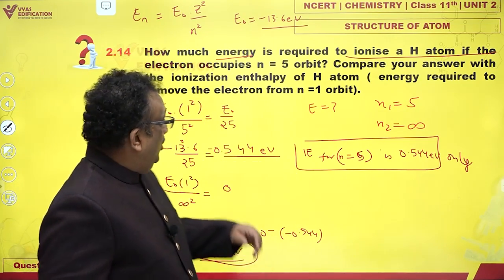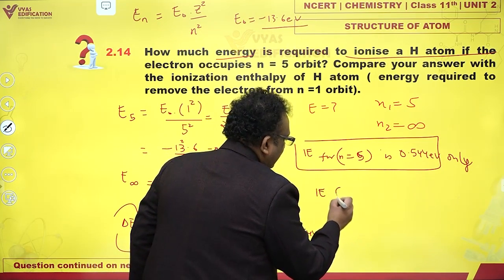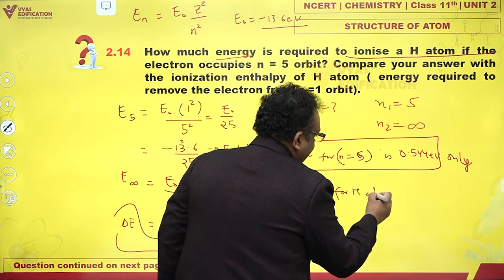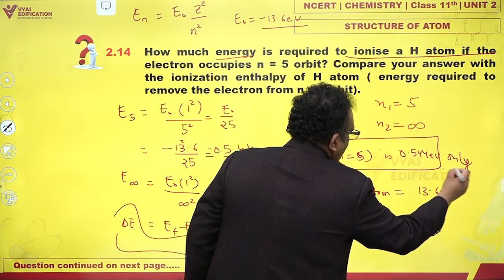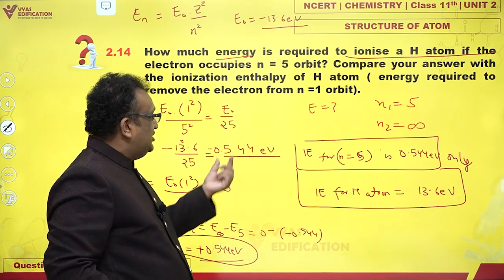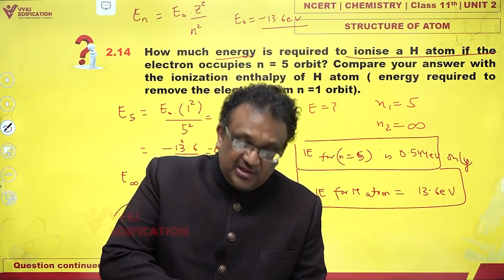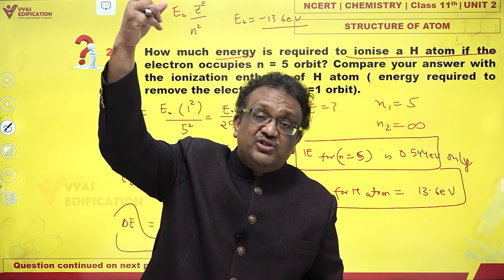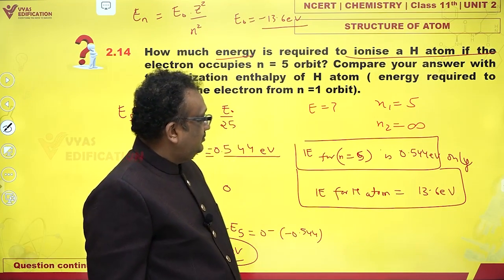Second part, compare your answer with the ionization enthalpy of hydrogen atom at n is equal to 1. Now the standard ionization energy for H atom is 13.6 electron volt. Why 13.6? Because in the first shell the energy is E naught, which is again minus 13.6. From minus 13.6 you are moving it to infinity, which is 0. So the difference would be 13.6 electron volts.